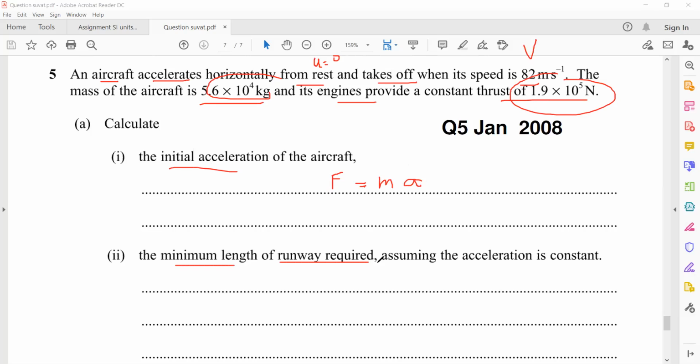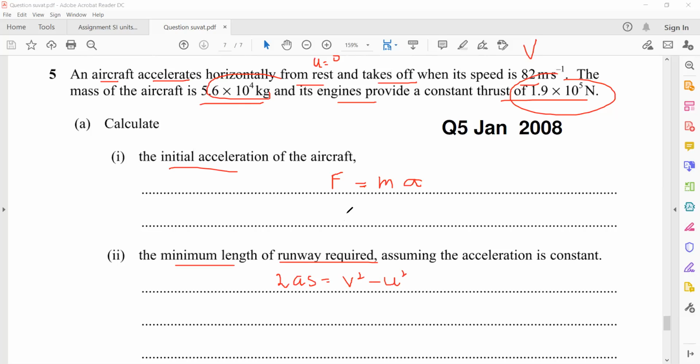For the minimum length of a runway, the total distance traveled by the aircraft equals the length of the runway. The runway should be longer than that, but that's the minimum length so that the plane can take off. You need a distance, so you can use the formula 2as equals v squared minus u squared.